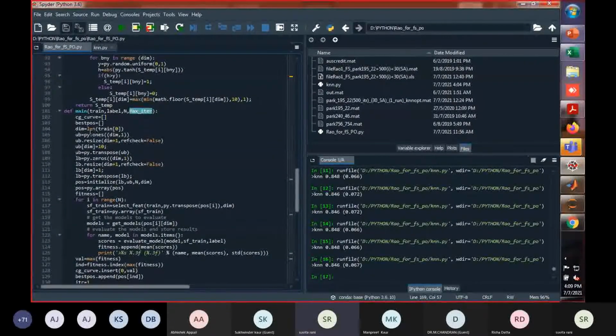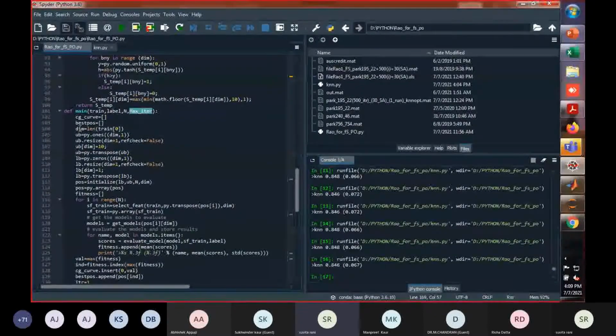In this, first we calculate the dimension of the data set. Here we put the length of the training data set at index 0. If we put a bracket here with the 0 value, it gives the number of columns. The number of columns generally defines the number of features.